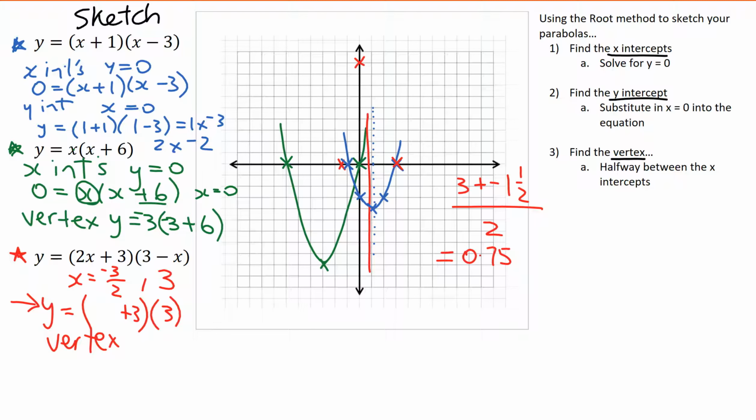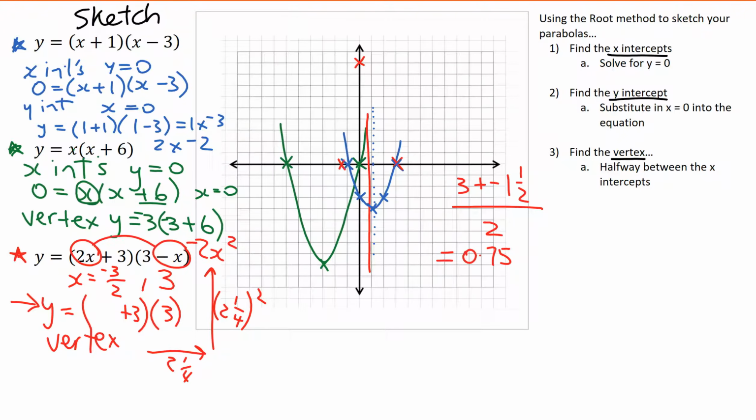Somewhere along here is where my vertex lies. Is this one where I can go across 2.25 up 2.25 squared? No, why not? Because if I expanded this bracket, I would have -2x squared.